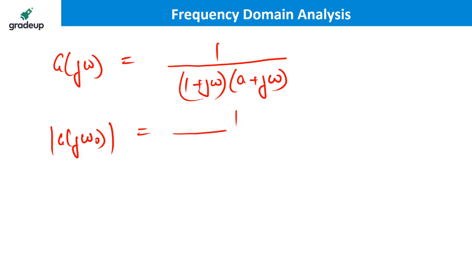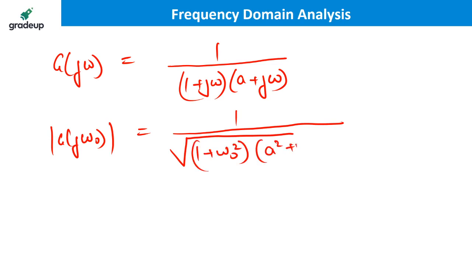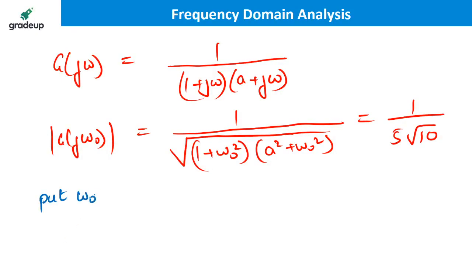That should become 1 upon under root of 1 plus omega naught square into a square plus omega naught square, and this value should be equated to 1 by 5 root 10, and you just have to put down the value of omega naught equal to 3.